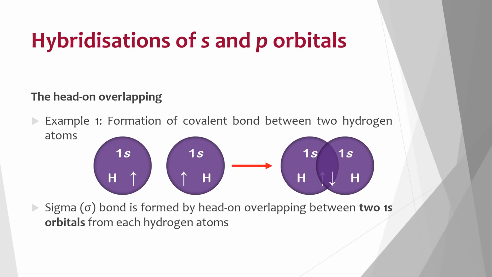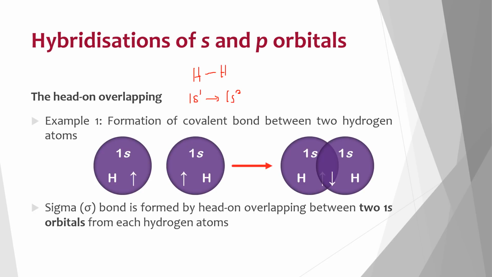For example here, the formation of covalent bond between two hydrogen atoms. You know that the hydrogen atom has a configuration of 1s1. So it needs one more electron to become a duplet configuration, 1s2. So it will form a covalent bond with another hydrogen so that both hydrogens can achieve a duplet configuration.